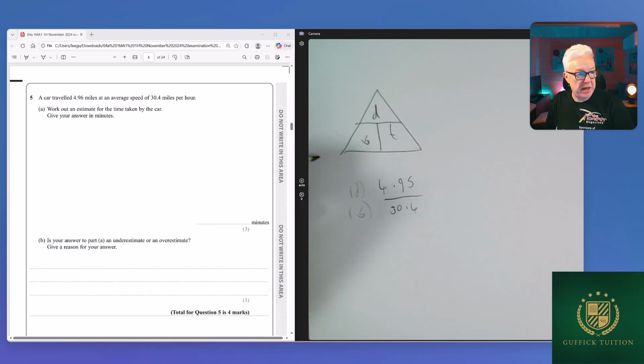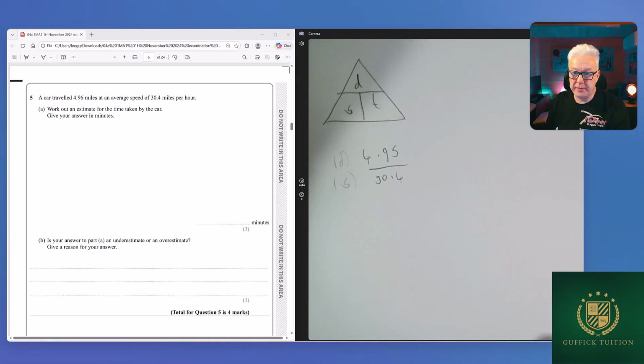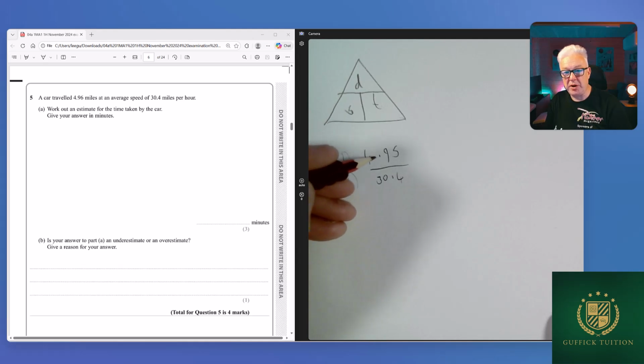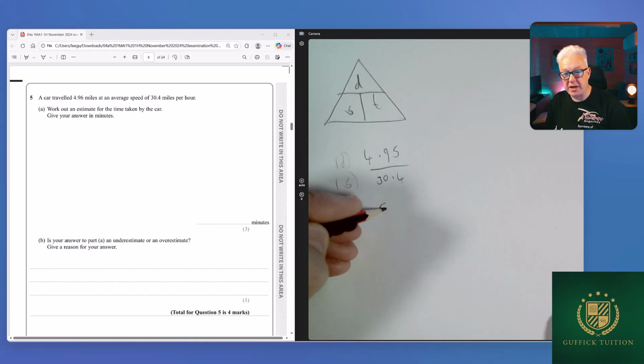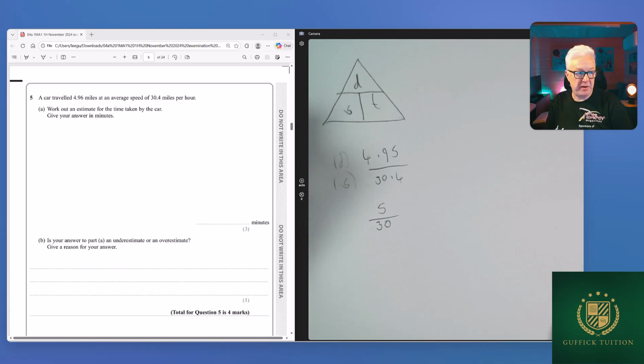Now notice the key word here, estimate. Whenever they say that, I think we should basically give everything to one significant figure. So 4.96 makes sense to think of as 5, and 30.4 makes sense to think of as 30. So we've got 5 divided by 30.